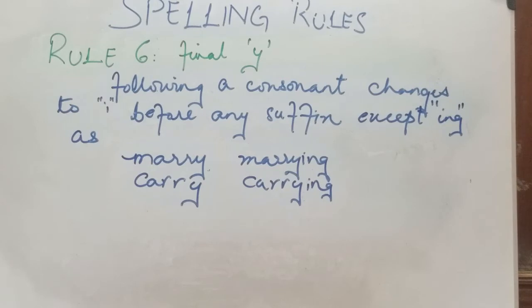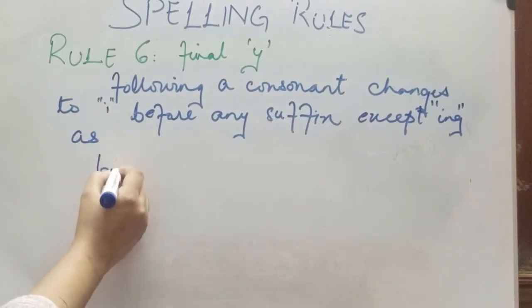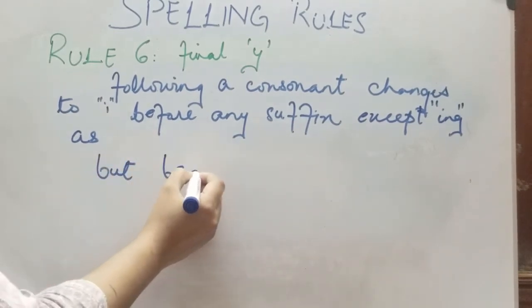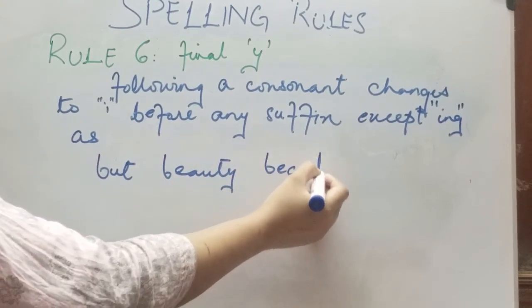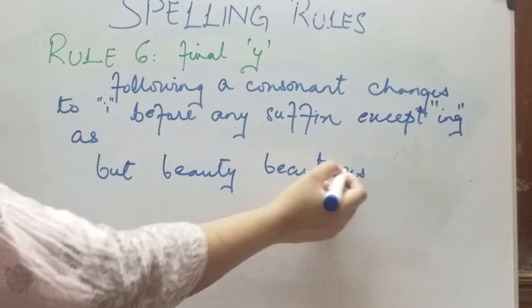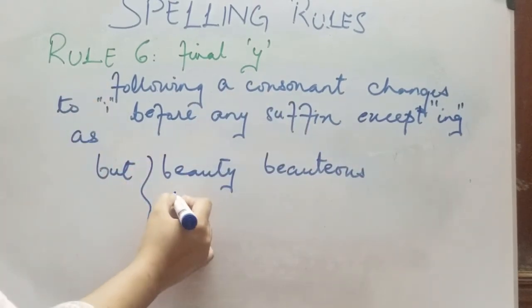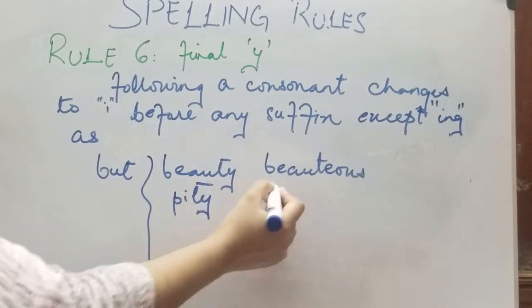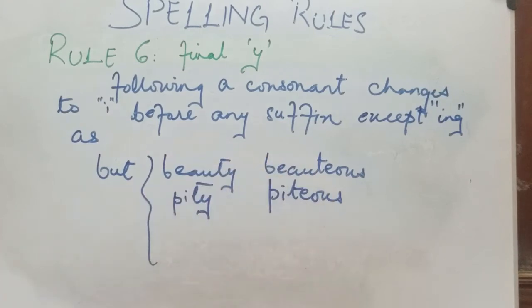Let's see a few exceptions for this as well. Beauty, beauteous, you could say. These are a few exceptions, but beauty might turn into beauteous, or pity, piteous, shy, shyness.